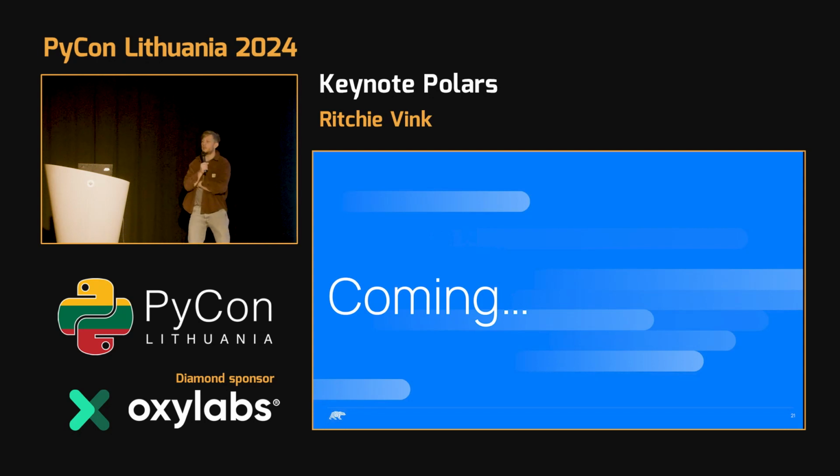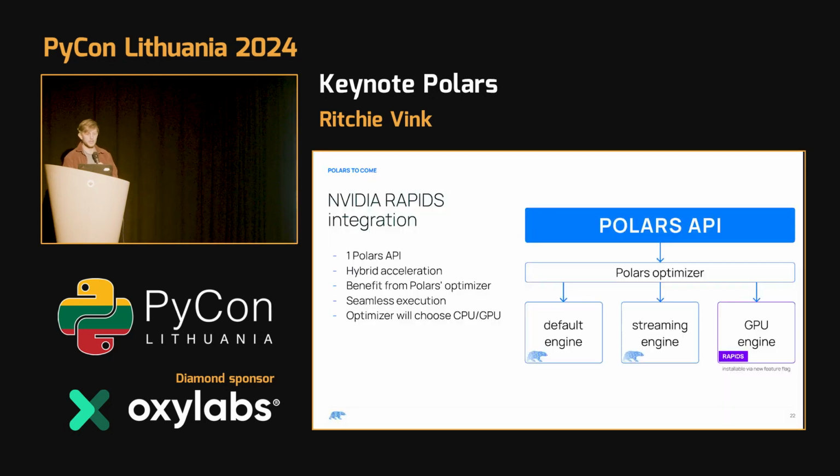And now I want to talk a bit about what's coming. I got super exciting news, which was just shared yesterday. Polars and NVIDIA will work together on making GPU accelerated data frames. We will enrich our default engine with GPU acceleration.